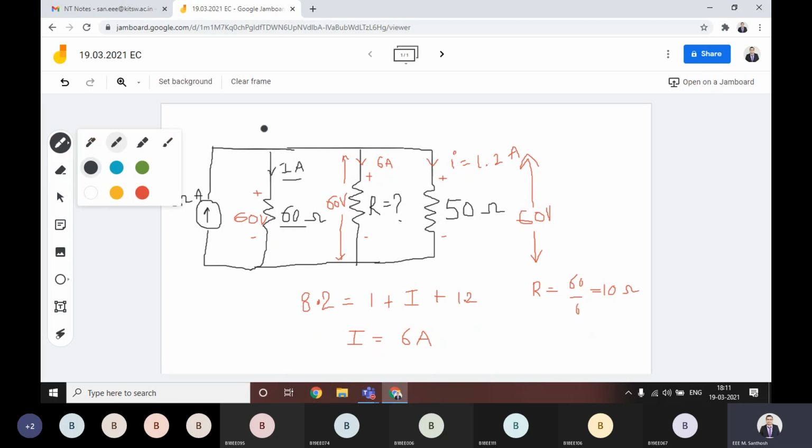Or do you have any easier process? If you find any easier process, you can tell us. Anyone? Nodal analysis, sir. Okay, nodal analysis, only one equation we get.